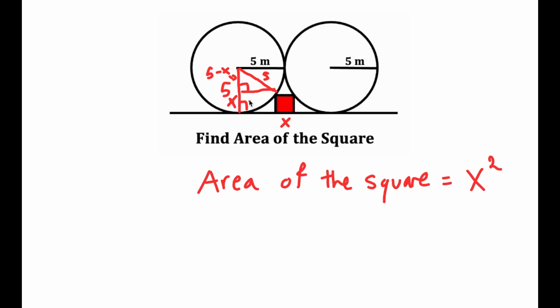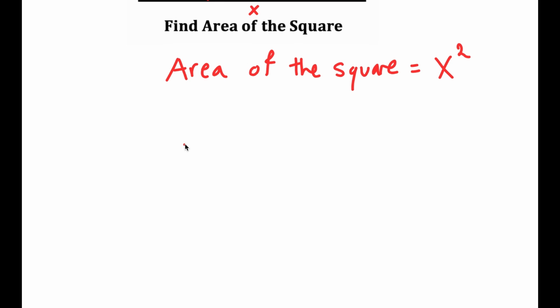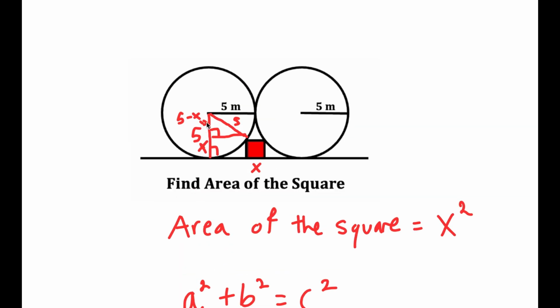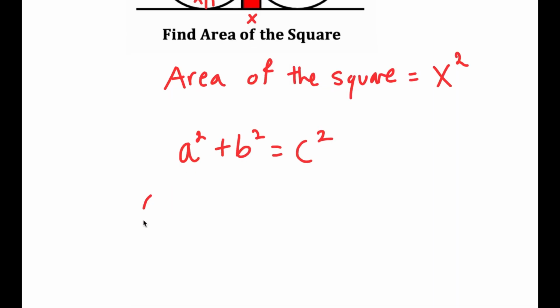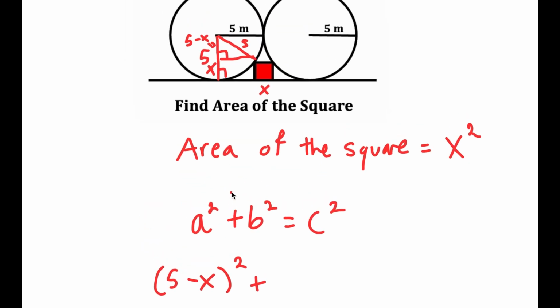So from here, let's go back to the basics. Remember the Pythagorean theorem? a squared plus b squared is equal to c squared. We're actually going to be using this to solve this problem. So we can say that a is (5 minus x) squared. And b is going to be this length right here, which is y.